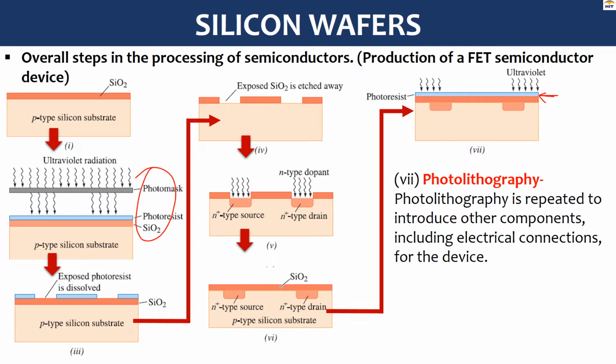All right. So now, because you want several types of ICs that have got different types of applications, the way that you position these and the way that you introduce your dopants, you need to repeat these stages in order for this IC to perform the functions that you want it to perform.